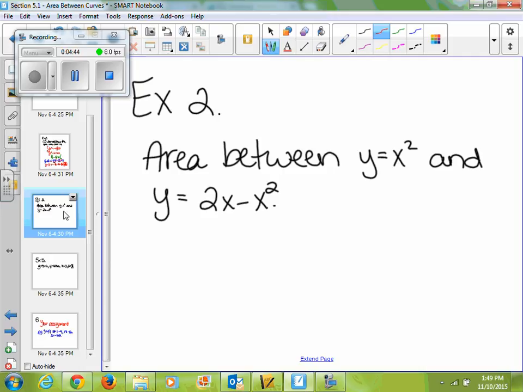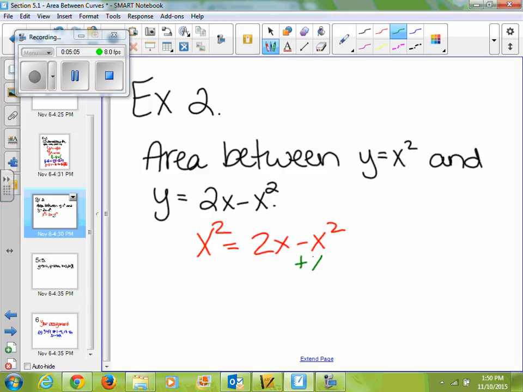In order to find that, you have to figure out when these functions are equal to each other. So I'm going to set x squared equal to 2x minus x squared. If I solve that, that'll tell me when my functions are equal to each other and give me my limits.